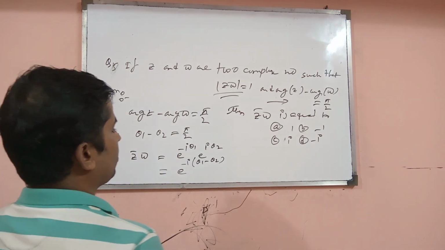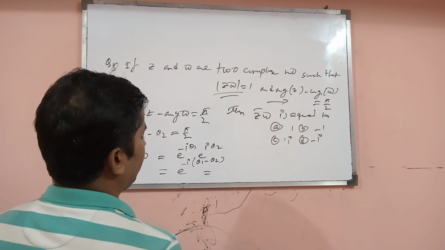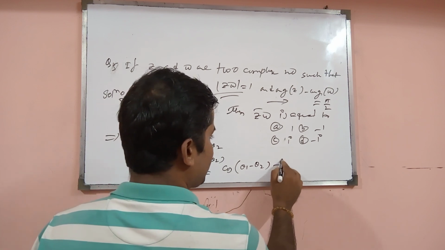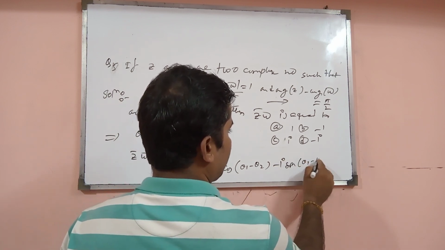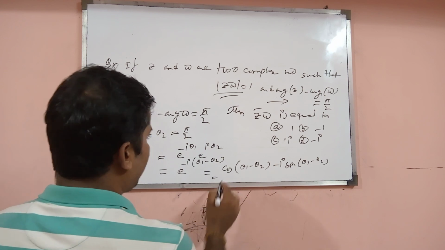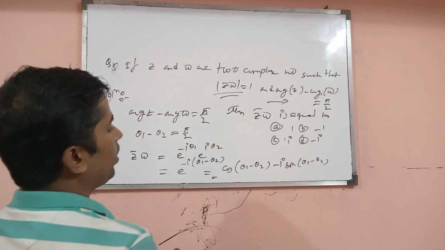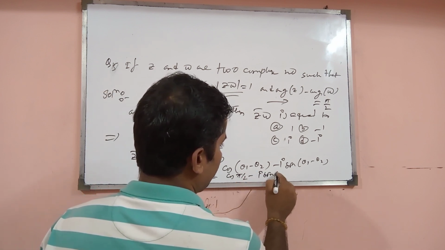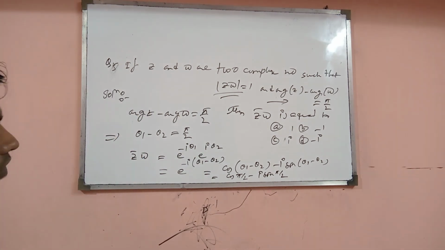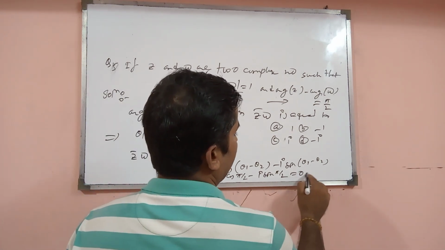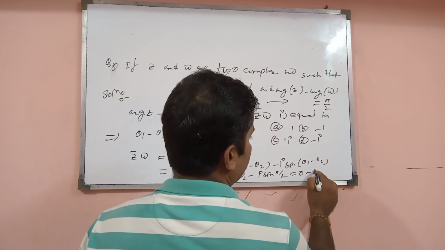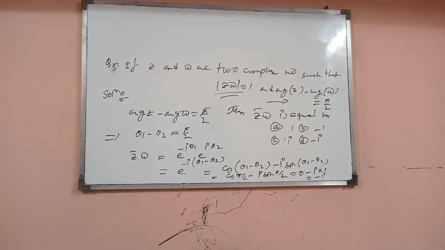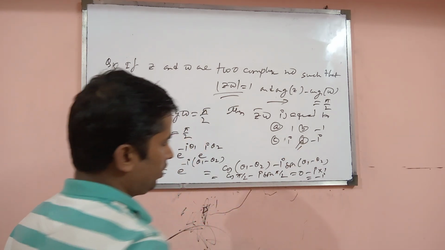Okay, so it shall imply it is cos theta 1 minus theta 2 minus i sin theta 1 minus theta 2. As theta 1 minus theta 2 is equal to pi by 2, so it is cos pi by 2 minus i sin pi by 2. Cos pi by 2 is 0 and sin pi by 2 is 1, so it is i into 1, so its value would be minus i. Okay, so it matches with option D.